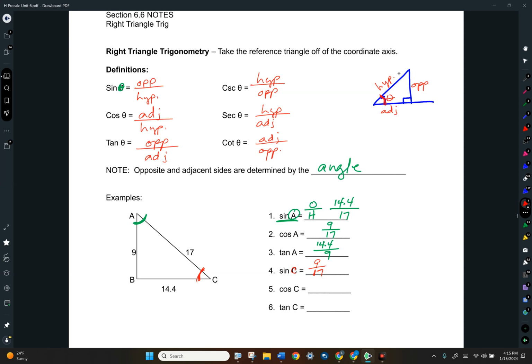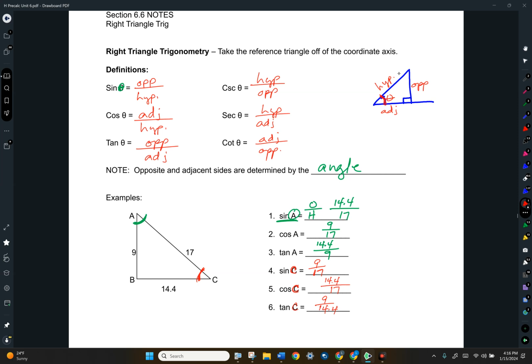And the cosine of C, so the adjacent would be 14.4 over the hypotenuse, which is 17. And then the tangent of C, opposite over adjacent, would be 9 over 14.4.